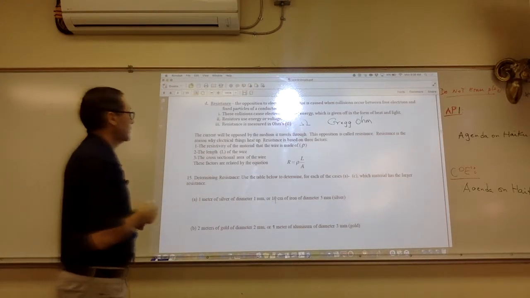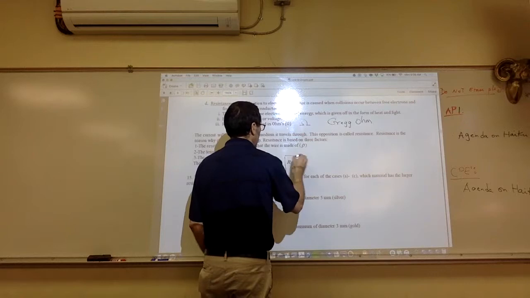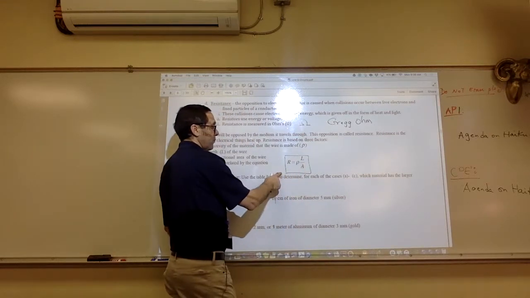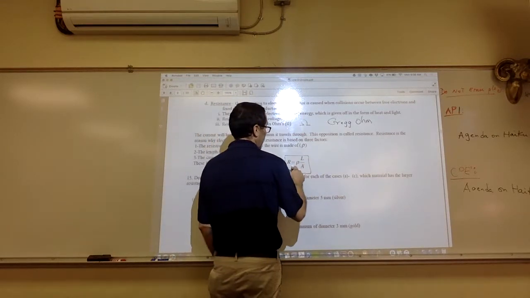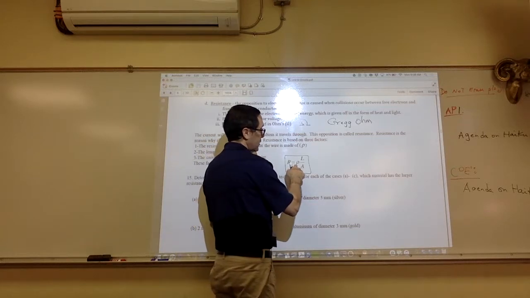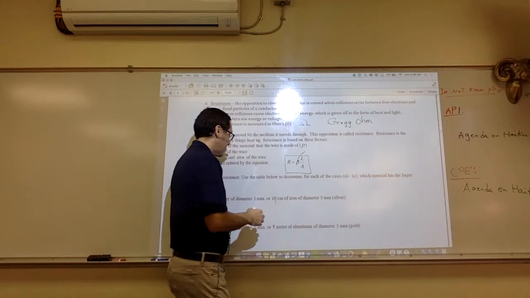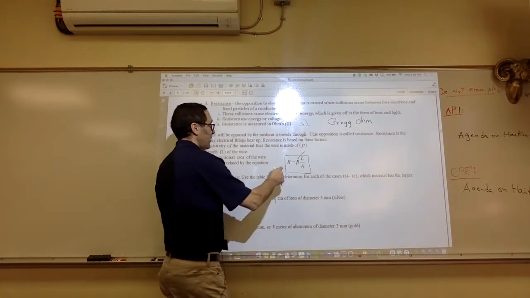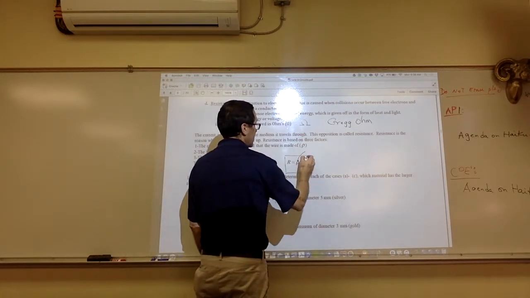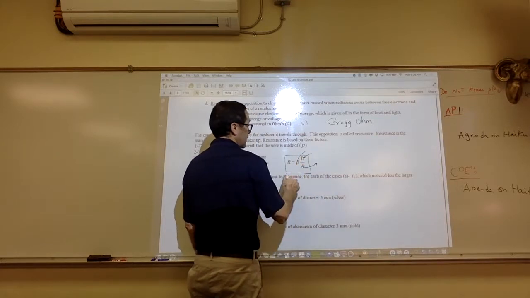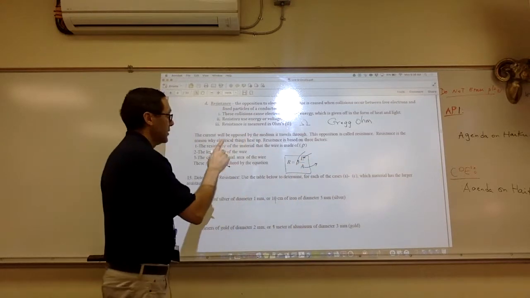Now to find the resistance in a wire, this is just in a wire, the formula is R equals rho L over A. This is rho, the resistivity of the material. Every material has a different value for resistivity. L is the length of the wire, and A is the cross section area.